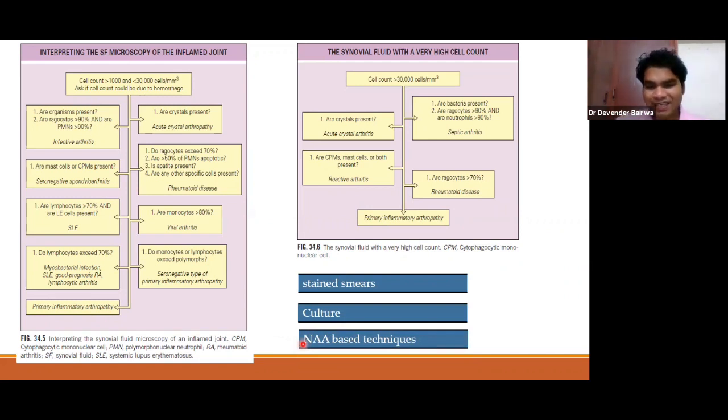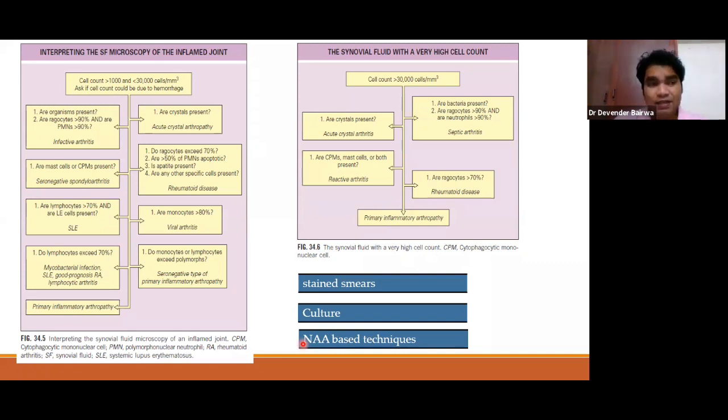So these NAAT-based techniques actually increase the sensitivity of capturing your infective organisms, specifically in case of gonococcal arthritis. Now remember what happens in gonococcal arthritis, when gonococci is there in the joint. Generally, with gonococci, it is difficult to take a smear in a good way. Other thing is that when you transport that swab, it has to be transported in a special media, and sometimes that media is not available, or the technique of sending is not proper.